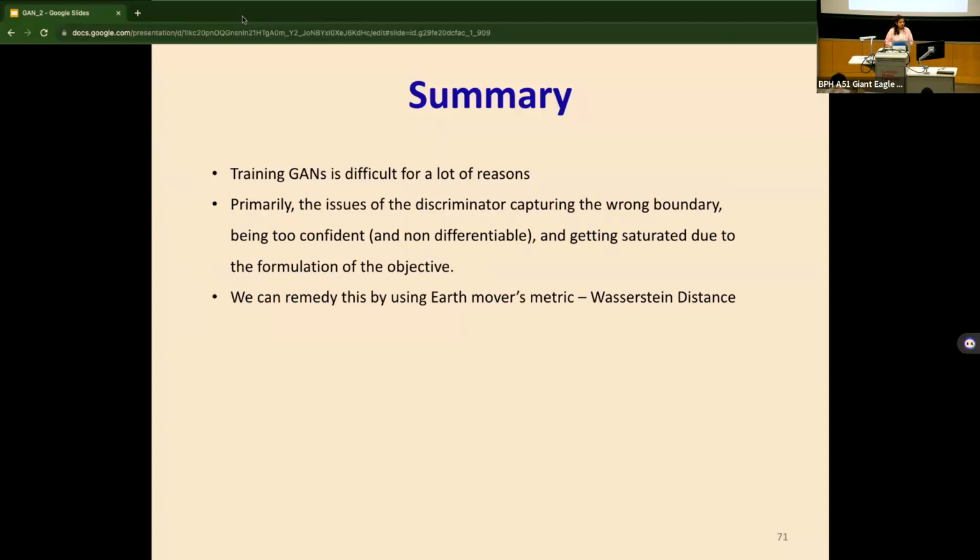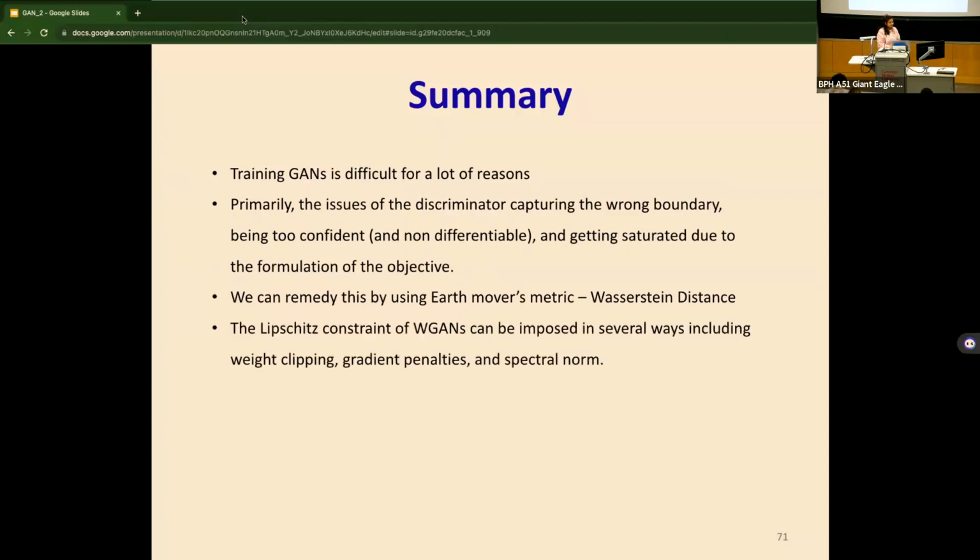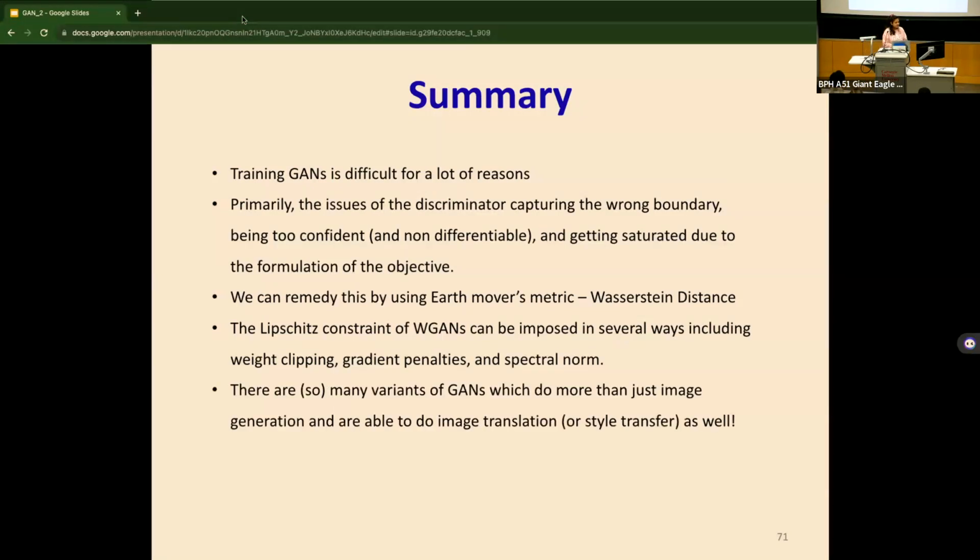We can remedy this by using the earth mover's metric or the Wasserstein distance. The Lipschitz constant of WGANs can be imposed in several ways, including weight clipping, gradient penalties, and spectral norm. There are many variants of GANs which do more than just image generation and are able to do image translation or style transfer.